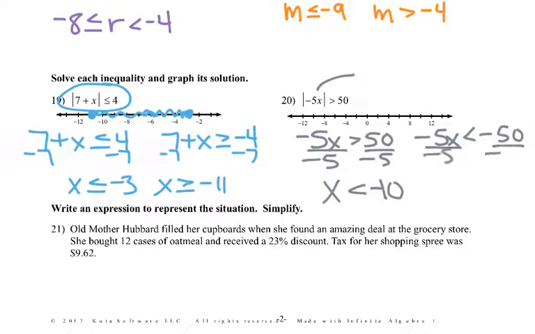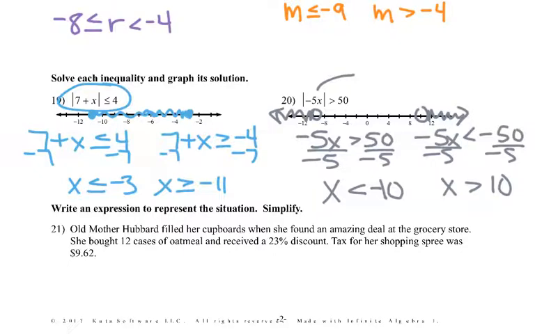Divide by negative 5, and I get x is less than or equal to negative 10, and x is greater than positive 10. So positive 10, hollow circle, x is bigger to the right. Negative 10, another hollow circle, x is less than, shade to the left. That's how you deal with those guys.